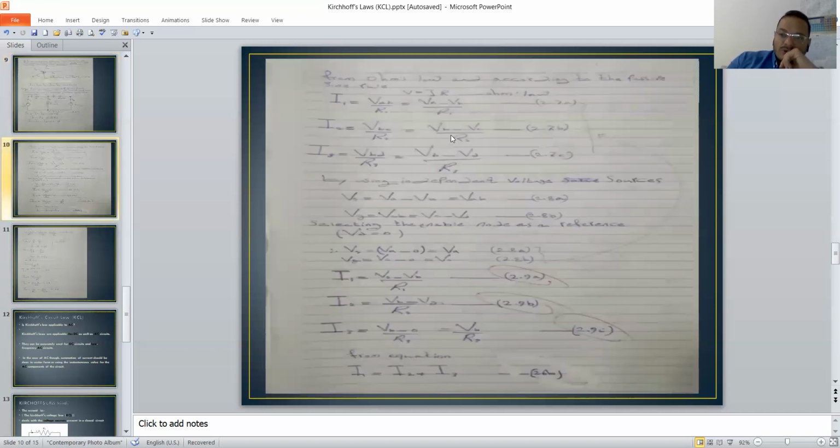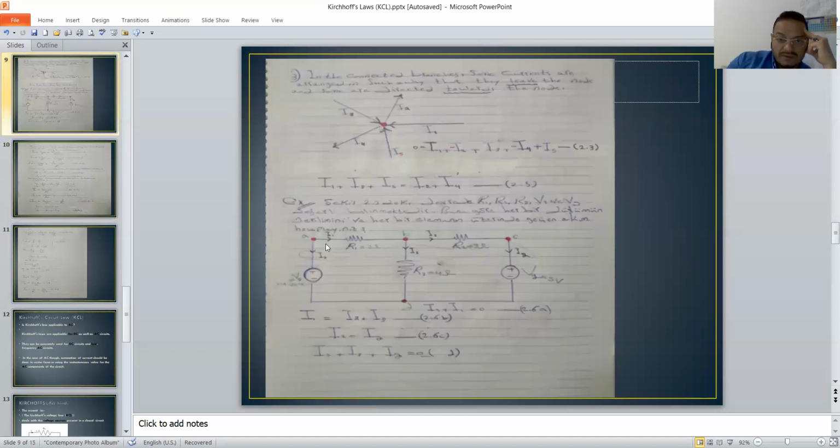Here from Ohm's law, what is Ohm's law? The voltage difference equals current times resistance, so I equals V divided by R. But here we will take all of these three currents alone. I will start from I1.